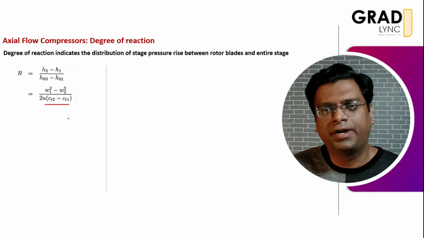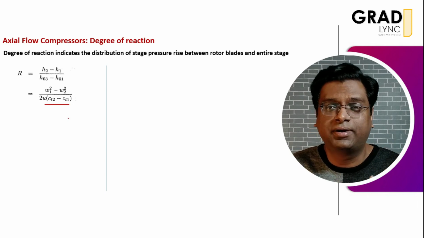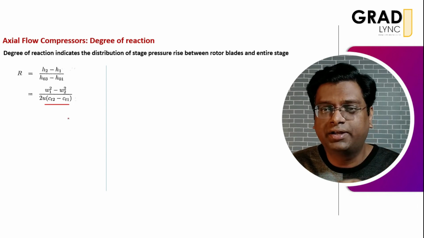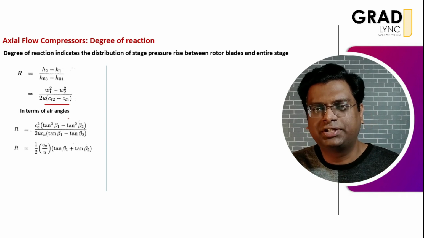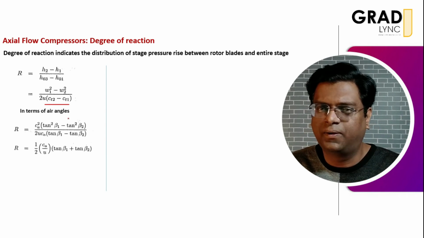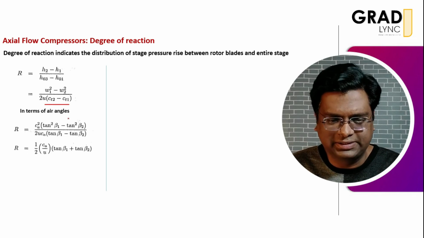Now suppose I don't have the values of velocities, so definitely I need some other parameter to arrive at the degree of reaction value. Now let's try to convert these velocity terms into the air angles and the blade angles.